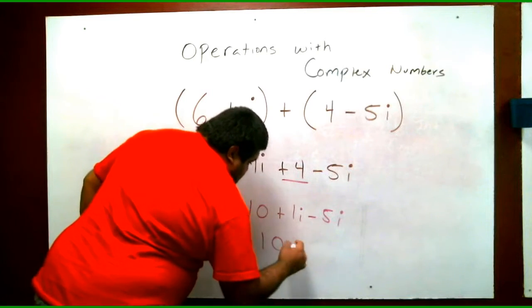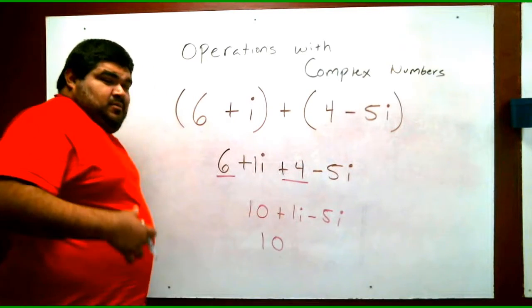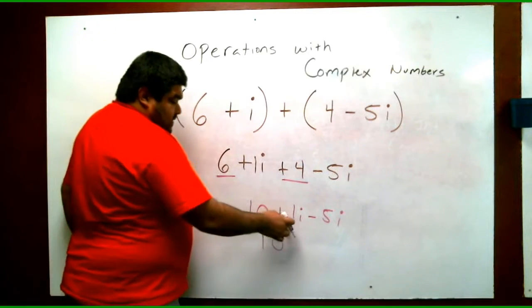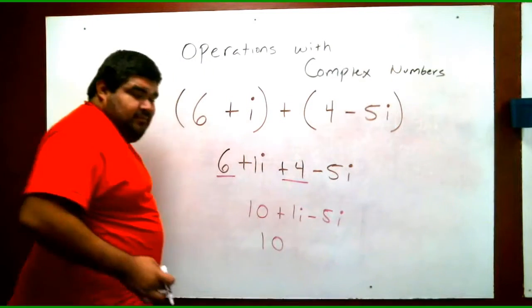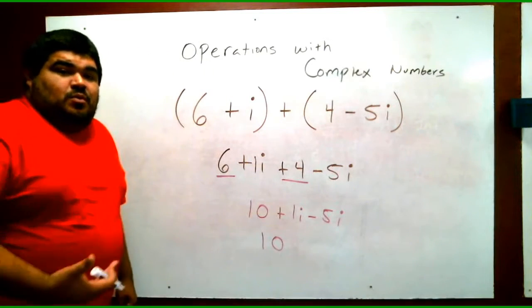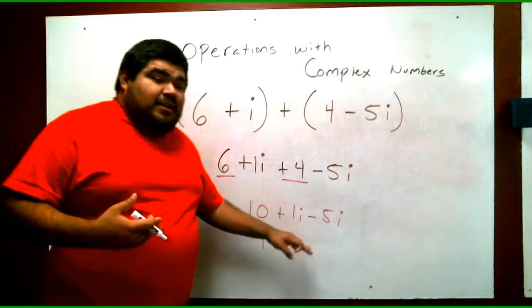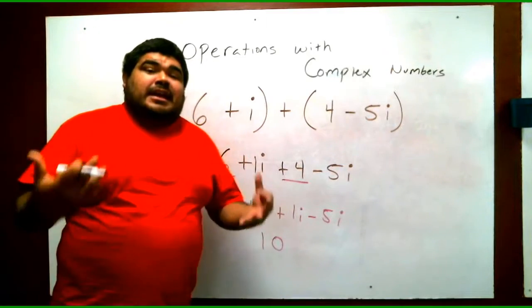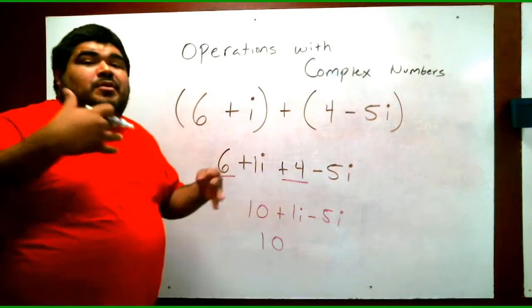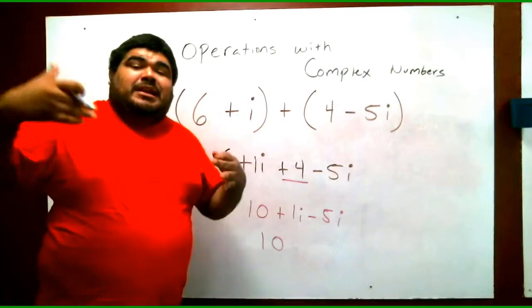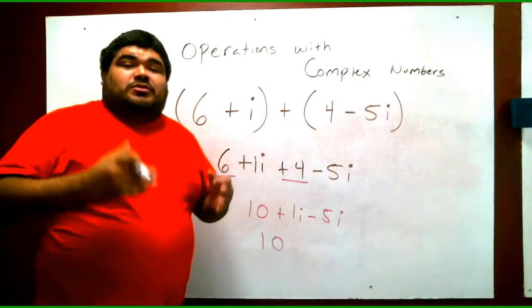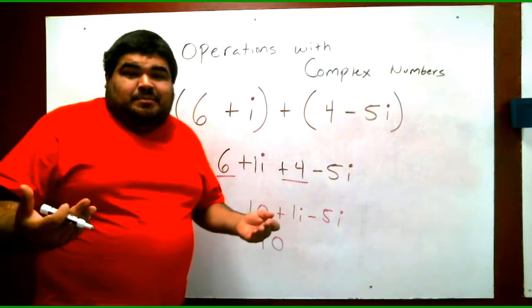10. Notice that we have a 1 minus 5. Whenever you're adding or subtracting, you don't have to alter the i because it stays as it is. It's just an i. Remember last time we did multiplication, so it became i squared. When you multiply, you add up the exponents.